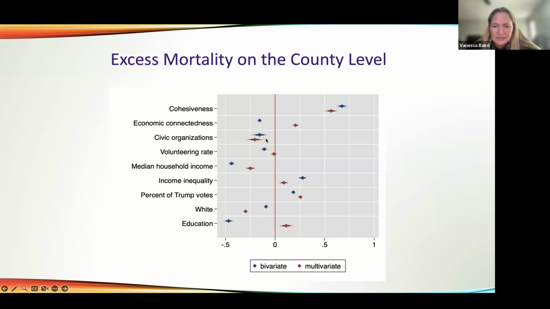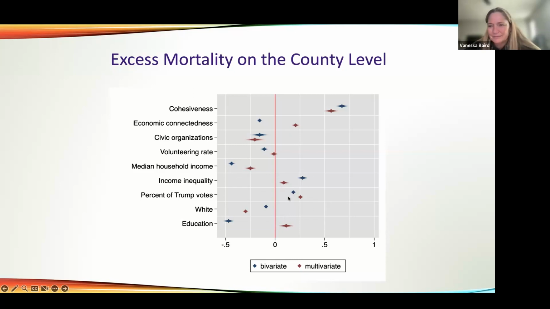Civic organization participation brings it down. Same thing with volunteering, although the multiple regression is not significant. Income: the richer the county is, the less likely they are to die of COVID, probably because they're not breathing pollution everywhere, and there are other things associated with that. And then economic inequality has an effect over and above the effect of income.